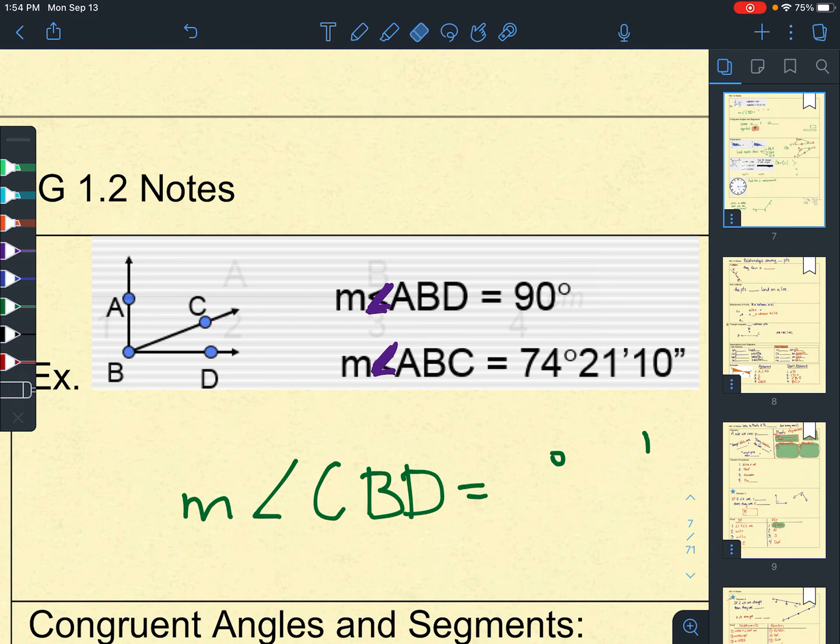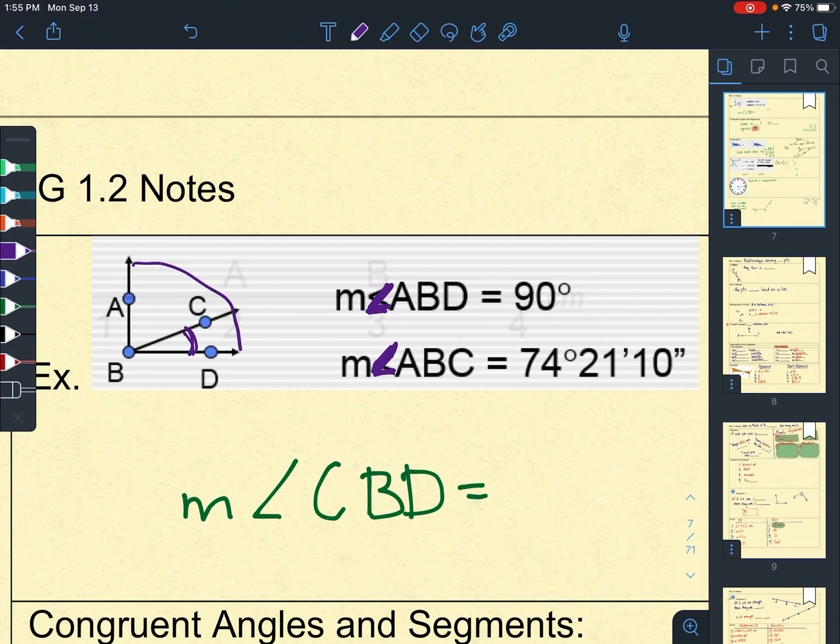Our job is to find the remainder, CBD. How much is left over? What do I have to do with these numbers, 90 and 74, 21, 10? If 90 is the whole and 74, 21, 10 is the part, subtract. Does that make sense?